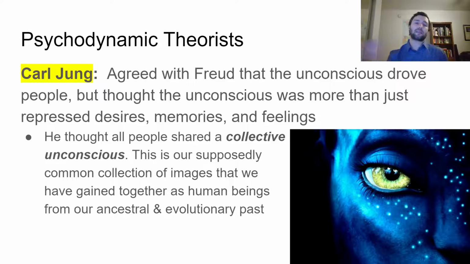And you can kind of see this. We could look at religious texts, for example, and the stories that are told in different religious texts, and see certain imagery that's used over and over again, even in religions that wouldn't have had a lot of contact or were on different parts of the world. For example, a snake is very commonly used in a specific context. It's generally used to represent something evil or sneaky.